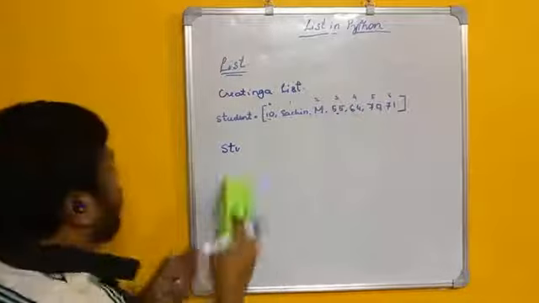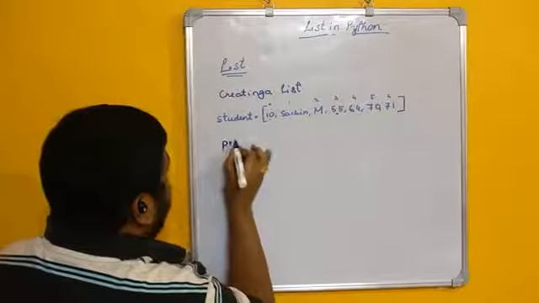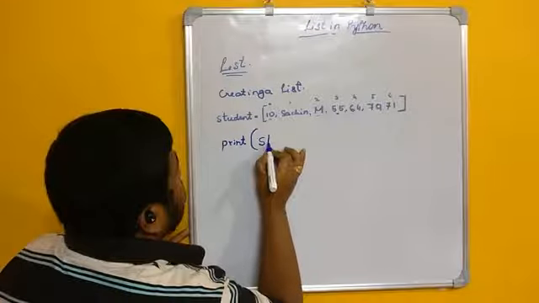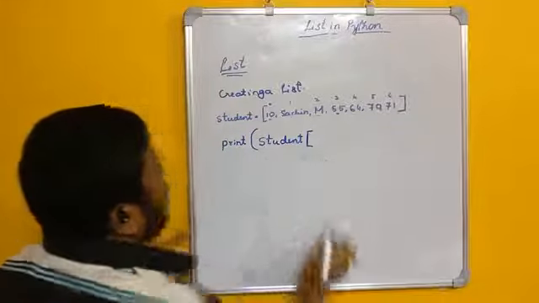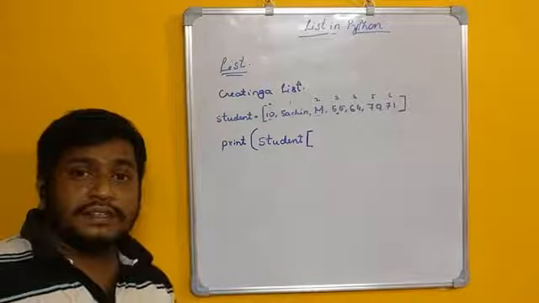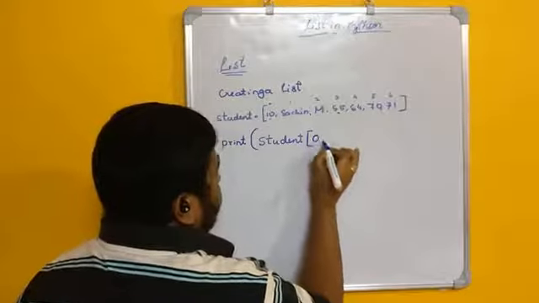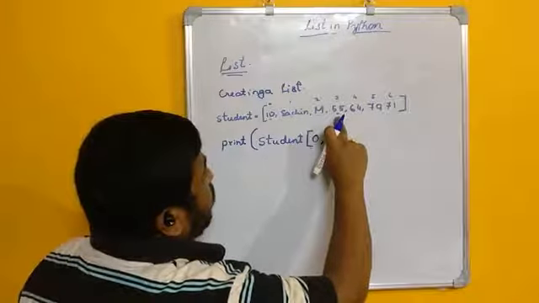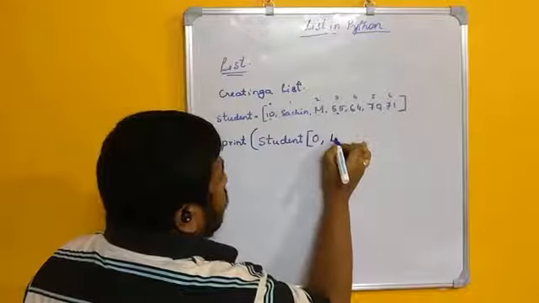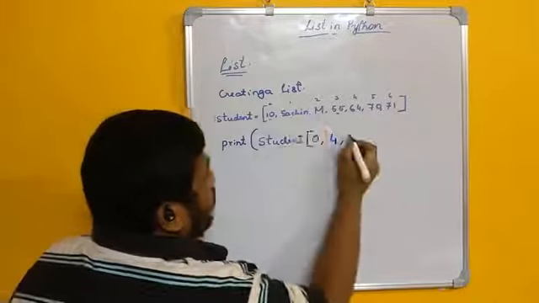First we print, and I have to pass the list name, student, in square brackets. I have to mention the starting point. From 10, so our starting is 0, and where do we want to end? Till 55, so our ending is 4, and after one element, the next step is only 1.